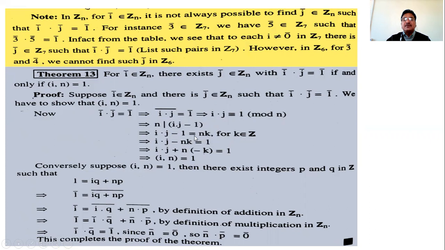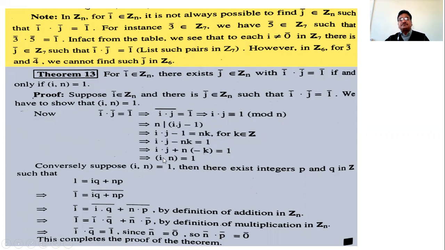I into J minus 1 is expressed as n into k for some k belonging to the integers. And then I into J minus n into k, shift this n k to the left side and minus 1 to the right side. And then write this as I into J plus n into minus k, absorbing the minus sign, is equal to 1.